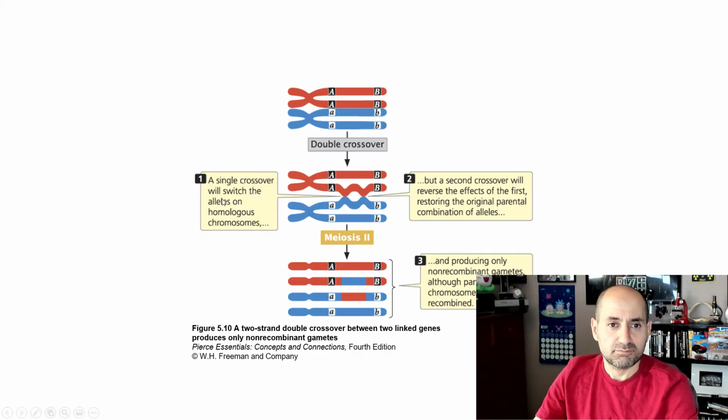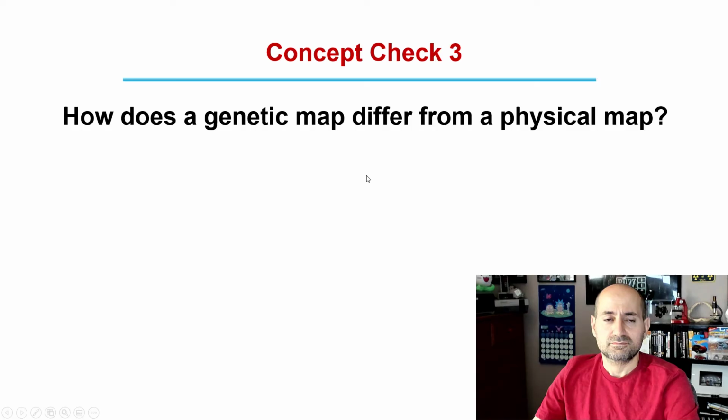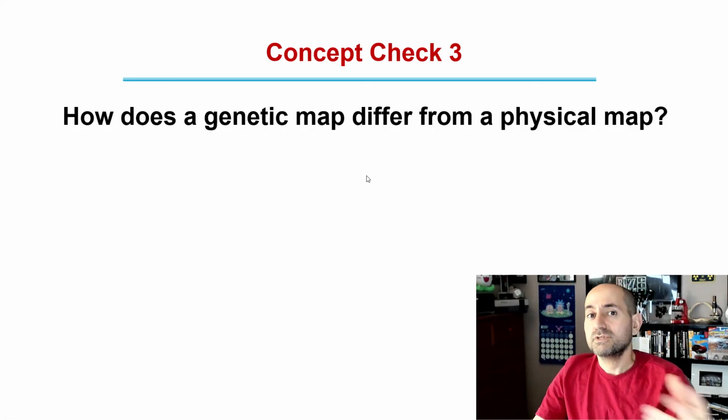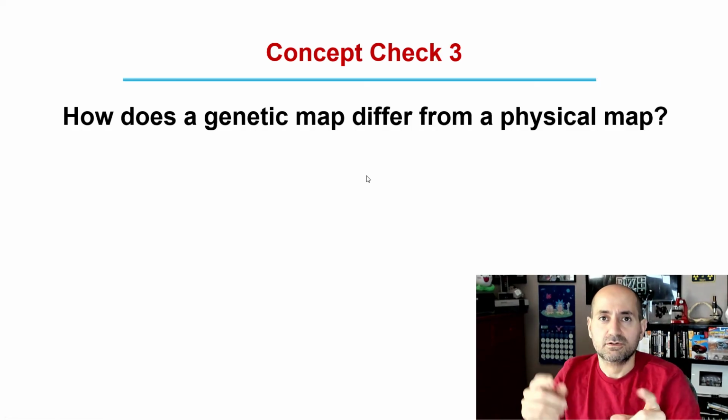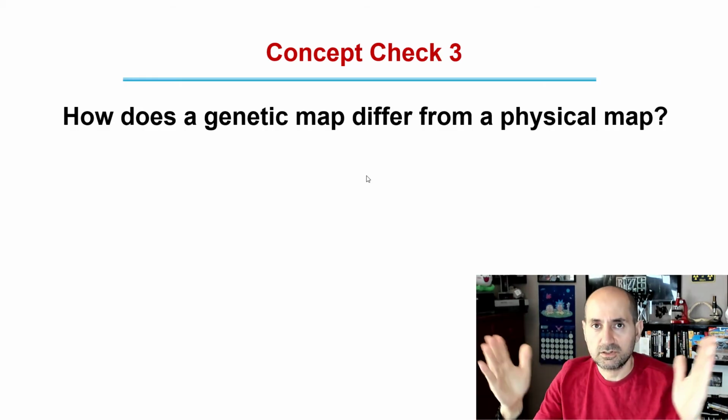But what if A and B on the chromosome are really far apart? A is way up here in the chromosome, B is way down here near the tail, near the telomere. Well, then crossing over is going to happen a lot more frequently. Does that make sense? So by using 2 and 3 point test crosses, you were able to figure out where these different alleles are along a chromosome.